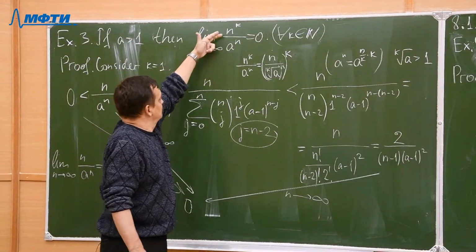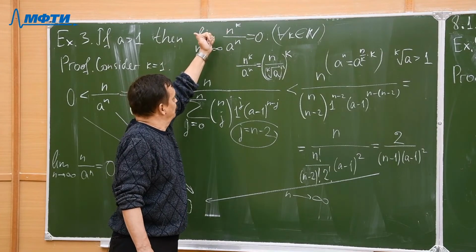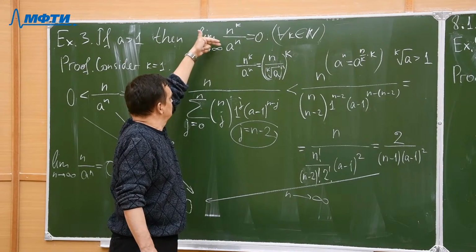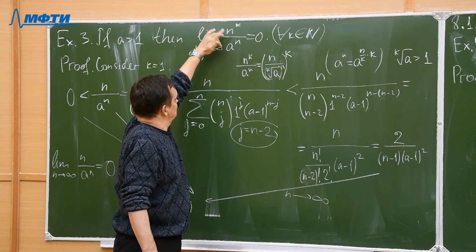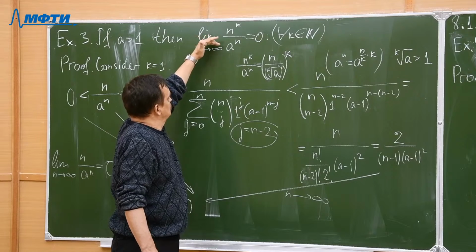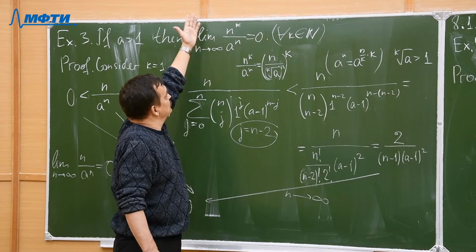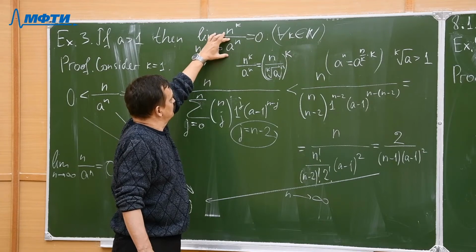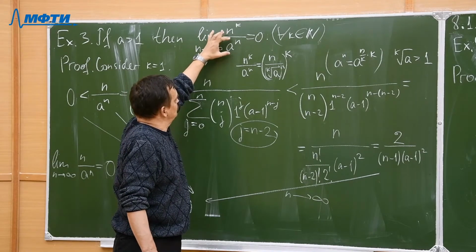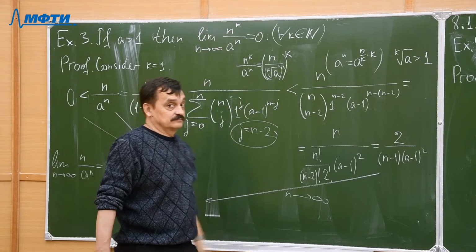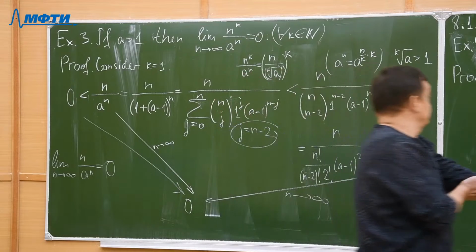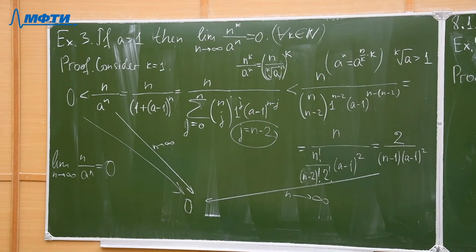You see what it says, that an exponential forces such a ratio to go to 0. So it means that exponential grows essentially faster than powers. That is also a rather important conclusion, which is used very, very often.